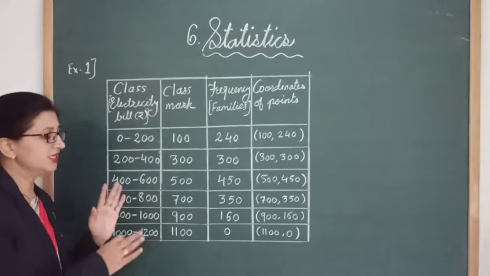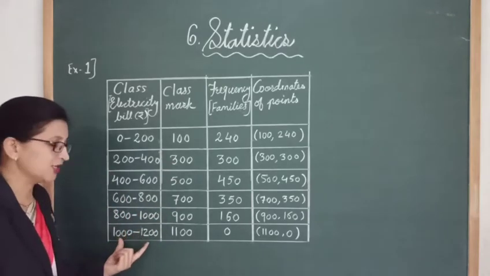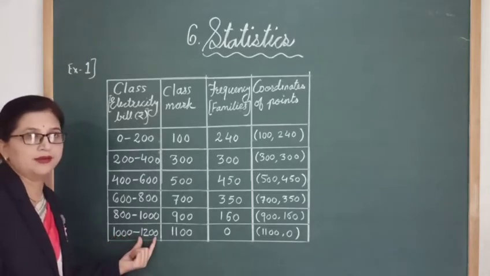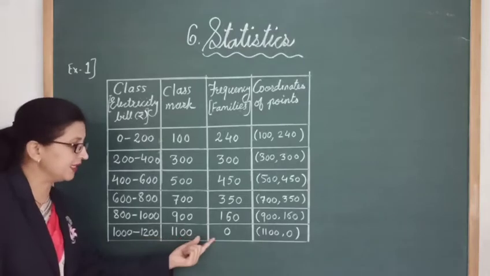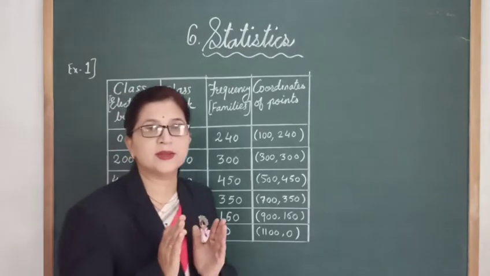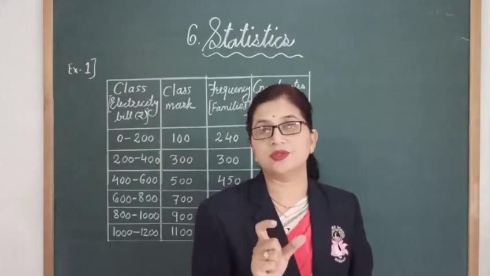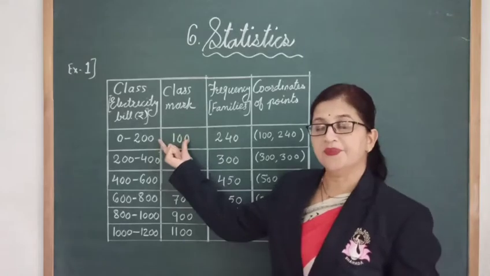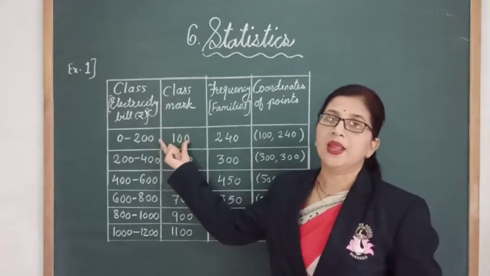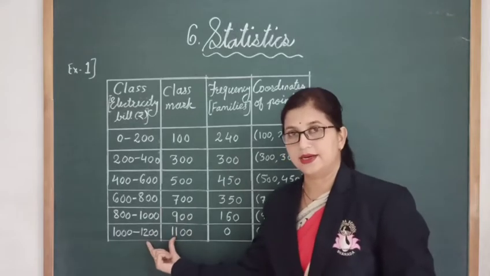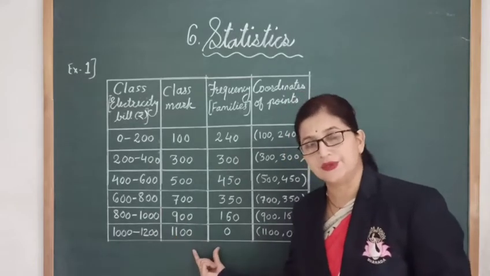Okay? Now in this table you will see that one extra class is there, that is 1000 to 1200, with the frequency 0. So dear students, while drawing the frequency polygon, we have to take one extra class at the starting with the frequency 0 and one extra class at the last with the frequency 0.